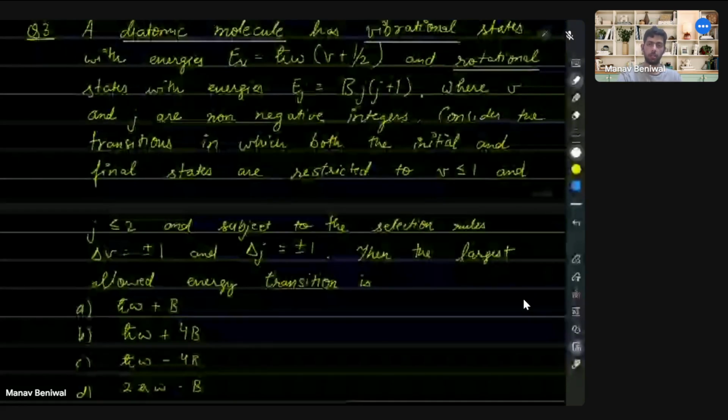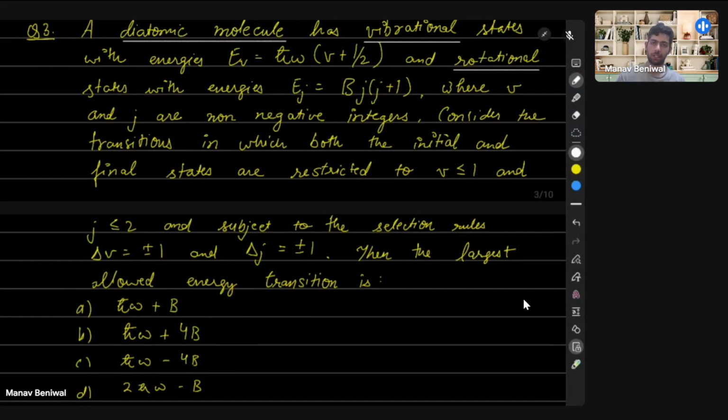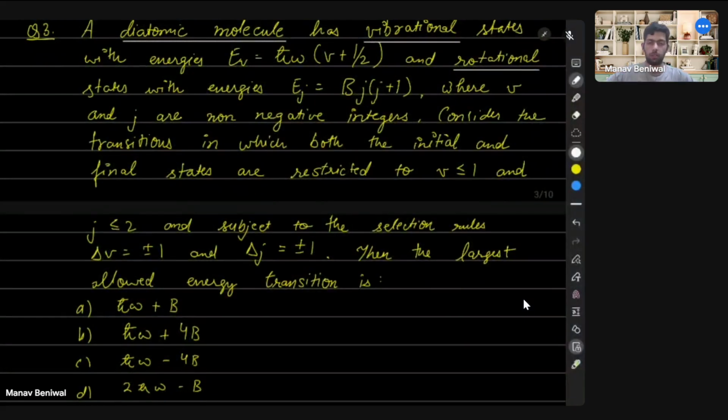So we have a diatomic molecule and we have to consider both vibrational states and rotational states. We are given energies of both of them. We are also given that V and J are non-negative integers. So they start from 0, go 1, 2, 3, and so on.